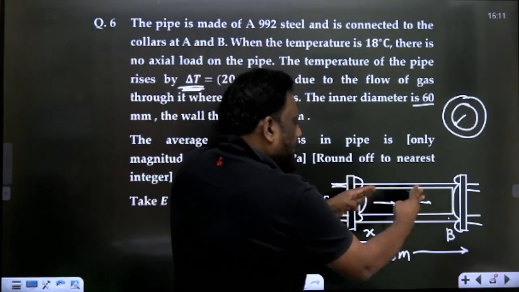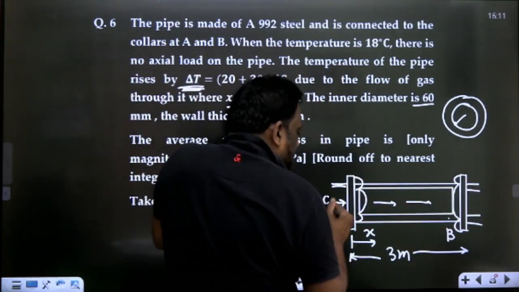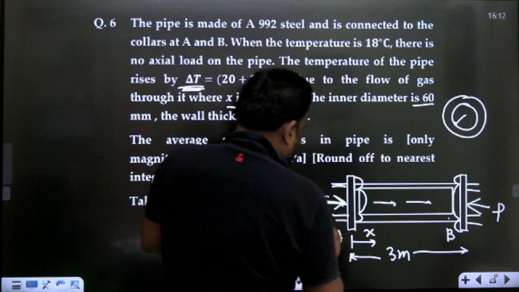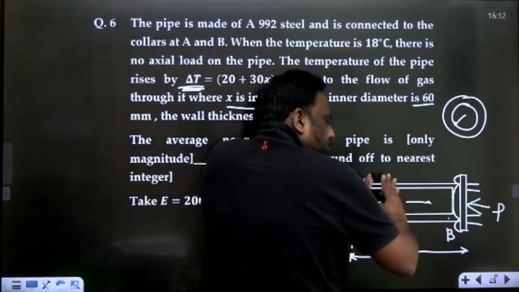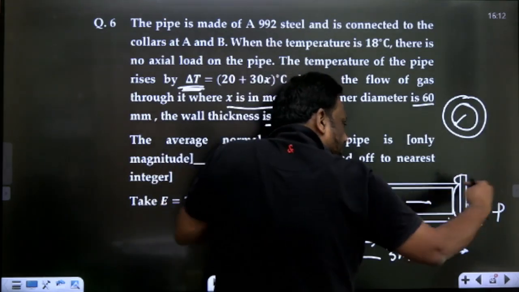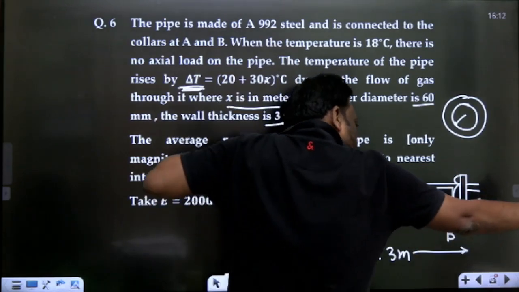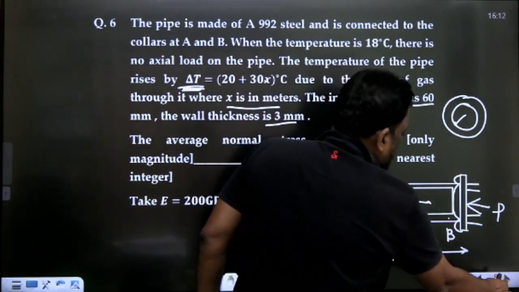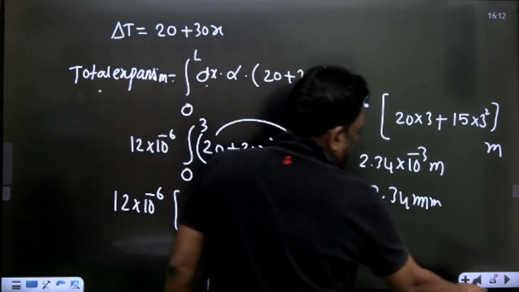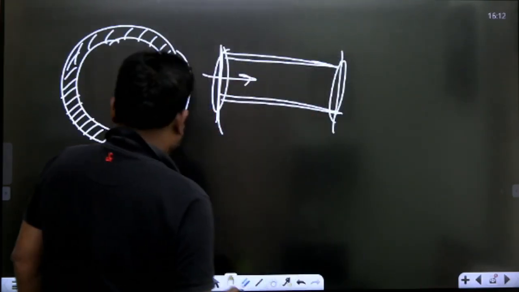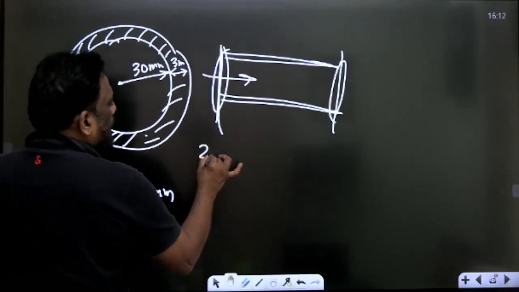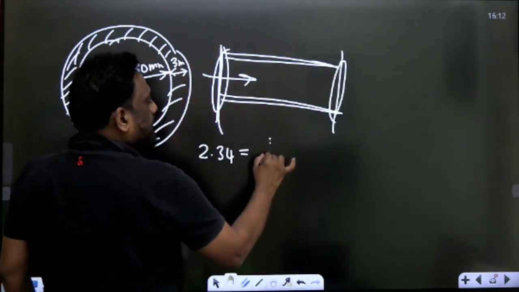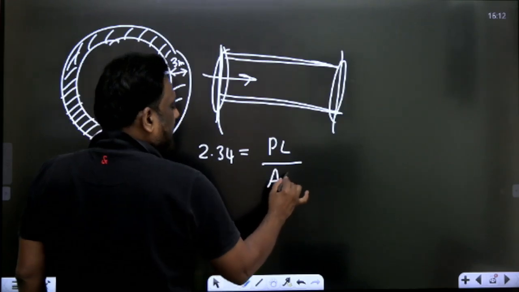When the fluid is flowing, the pipe tries to expand due to the temperature difference, but these collars will not allow it to expand. So load P comes here, and it compresses. Stress is P by area, taking the hollow area. The expansion is 2.34, but the collars are preventing it, so PL by AE.